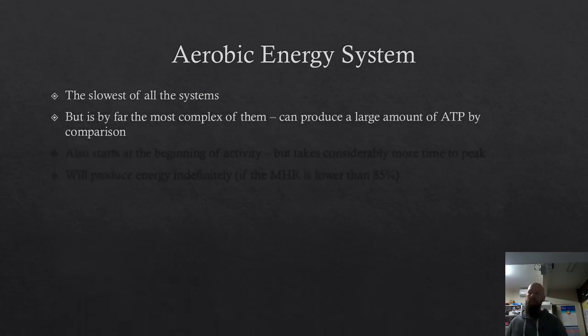Okay, but like I said, it's the most complex. There's a lot of stuff that's got to happen in order to produce the amount of ATP that it does. And you remember that table that we looked at, depending on which food fuel you're using, fats or carbohydrates, it can produce either 400 ATP molecules or 30 molecules, as opposed to the ATP-PC system, which can only make 1 ATP.